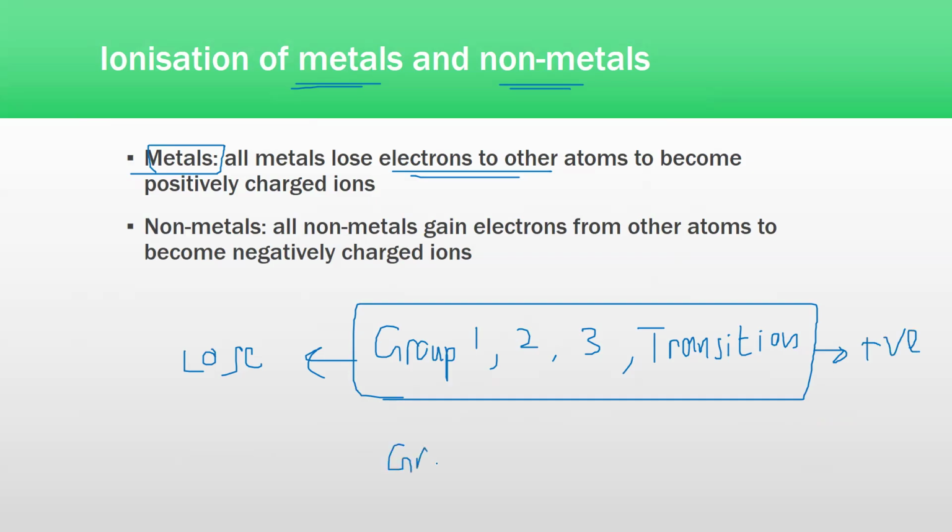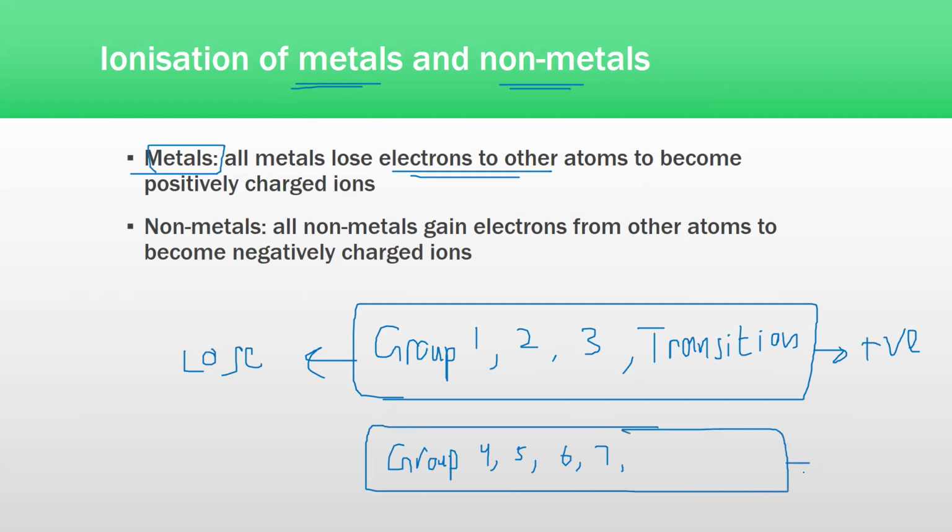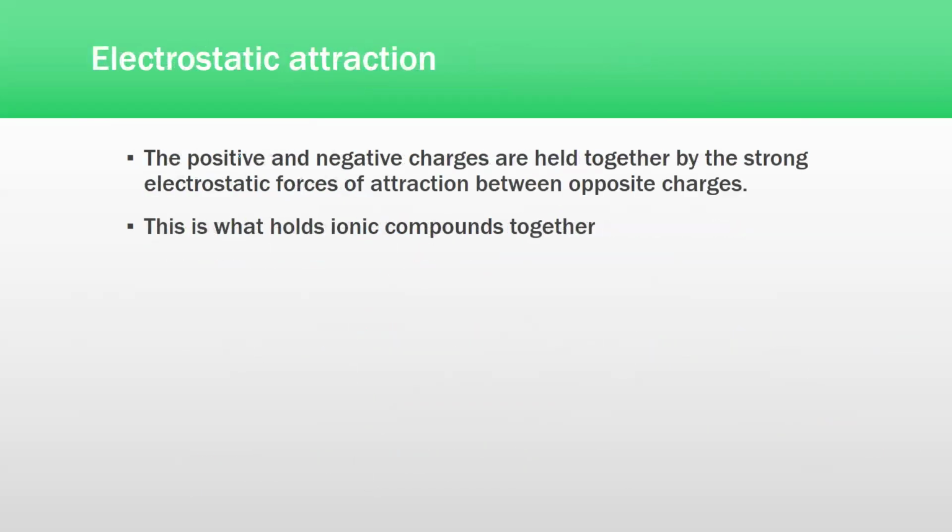Whereas if I talk about the non-metals, in that you have groups 4, 5, 6, 7, okay? Group 8 is already stable. These are going to form negative ions. Why? Because they gain electrons. So all non-metals gain electrons from other atoms to form negatively charged ions.